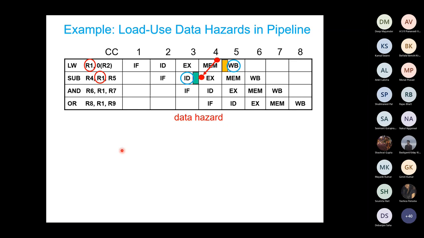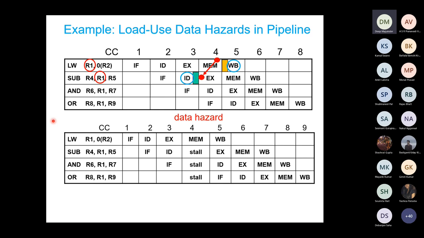So what do you need to do? You stall for one cycle, and that is inevitable. Once you stall, the requirement of this register and the other one will be solved automatically, because the execute stage then crosses this fourth cycle, so now the forwarding can be done.